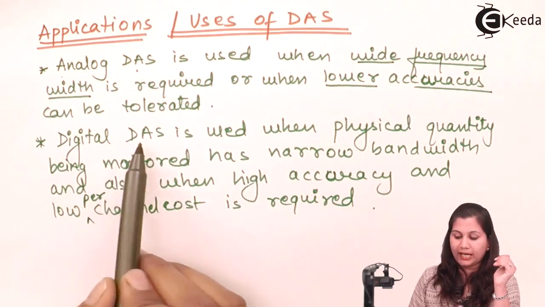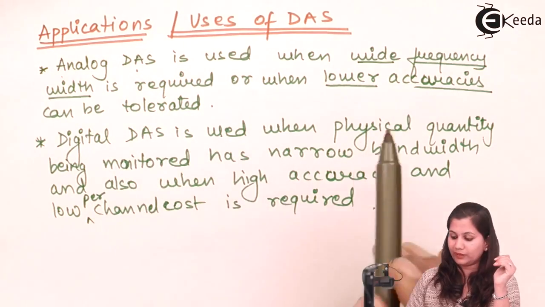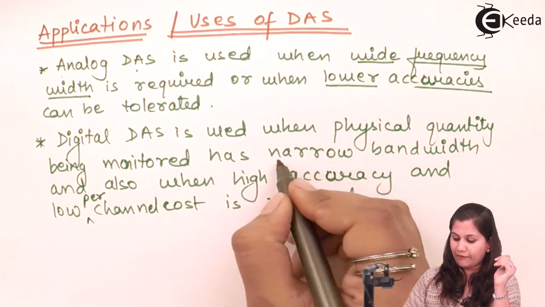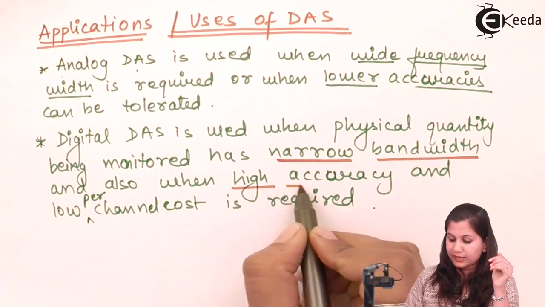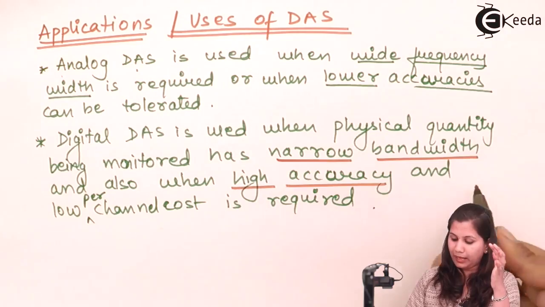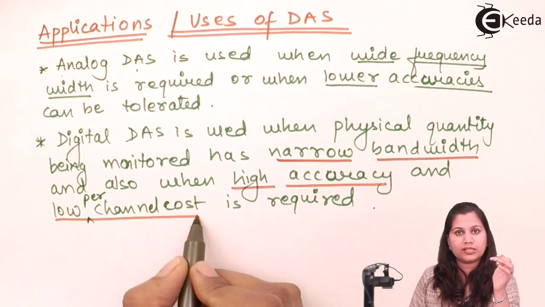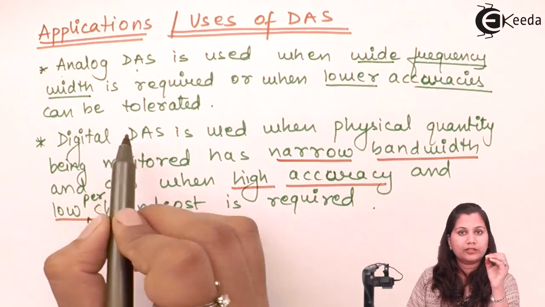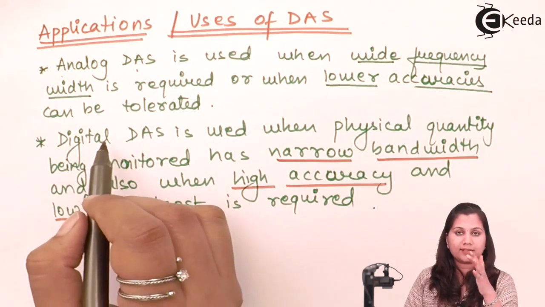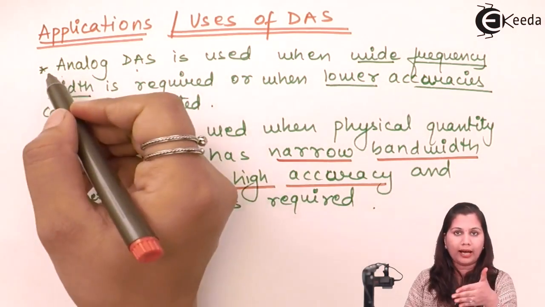Whereas digital data acquisition systems are used when the physical quantity has a very narrow bandwidth, high accuracies are needed in the system, and low per channel cost is required. So according to our requirement, digital or analog acquisition systems are used.